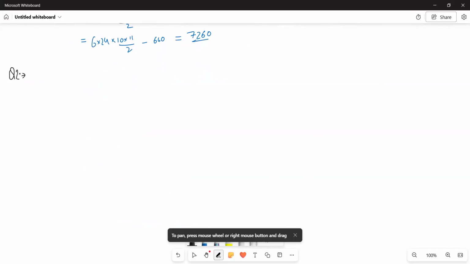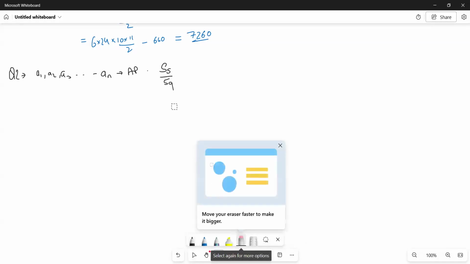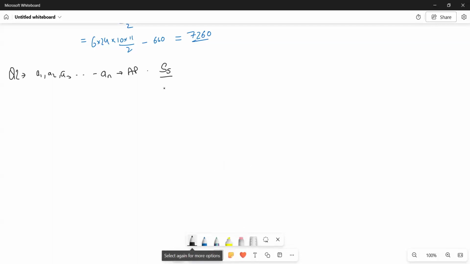Next question. If A1, A2, A3, ..., AN be in AP such that S5 by S9, the sum of the first 5 terms to the sum of the first 9 terms, is 5 by 17, and A15 lies between 110 and 120.